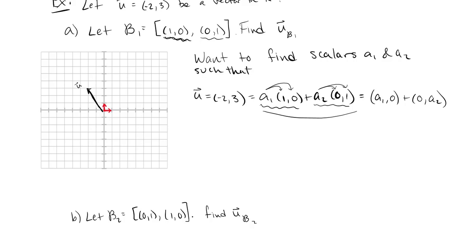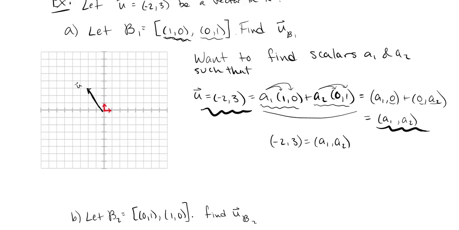And now this is just a couple of vectors we can add together. This is just A1 plus 0, which is A1, and 0 plus A2, which is just A2. So at the end of the day, what do we have? (-2, 3), what we started with way over here, equals (A1, A2), that vector of scalars. So this is easy, right?